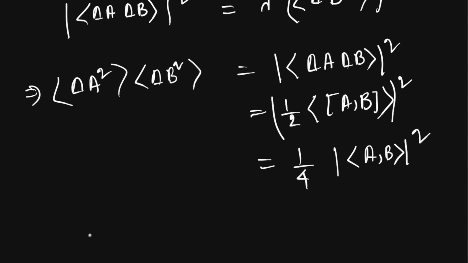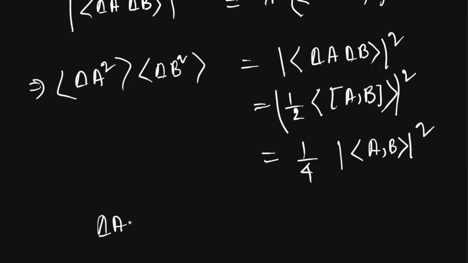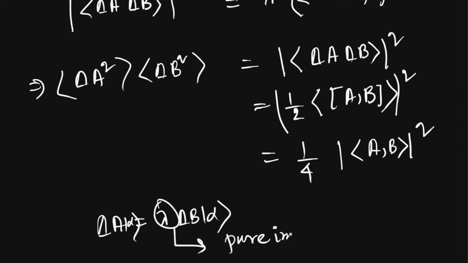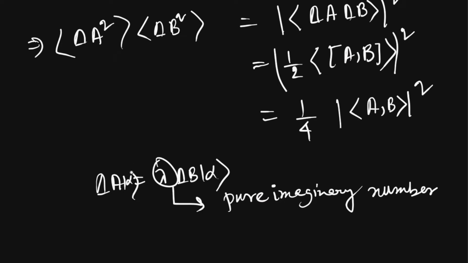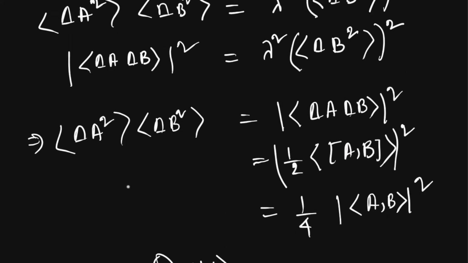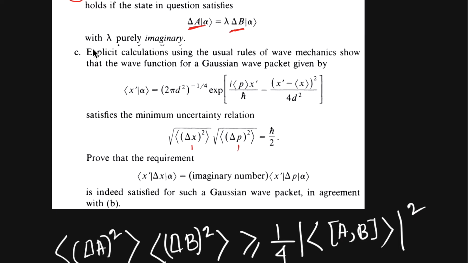So we have seen that if this relation follows, lambda alpha, where lambda is pure imaginary number, then the equality corresponding to the generalized uncertainty relation holds.